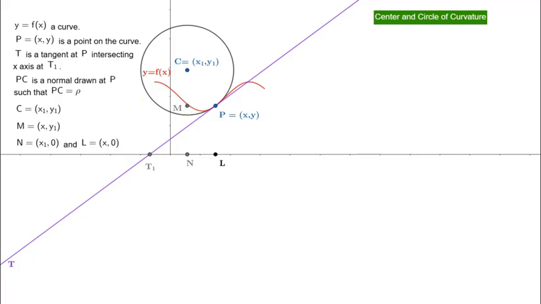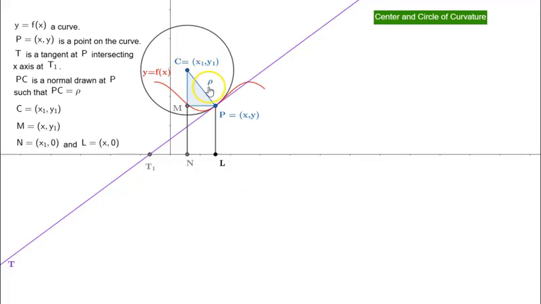Now let's join these points so that we end up with a triangle.